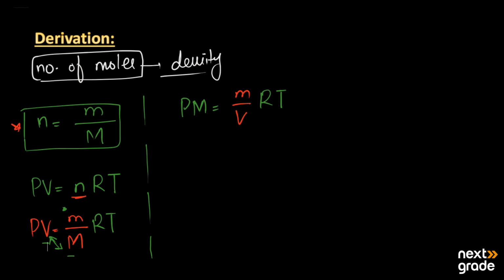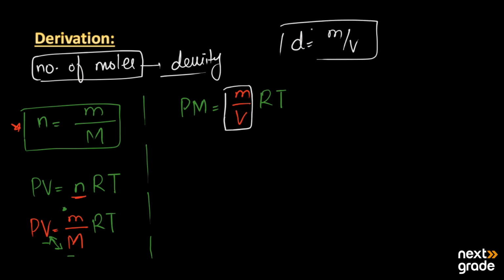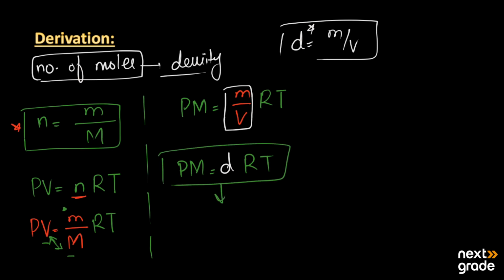On the other hand, we know that density is equal to mass per unit volume. So in place of the ratio of mass per unit volume, we can put the density. So the equation becomes PM is equal to D times RT. Then we will rearrange this equation.